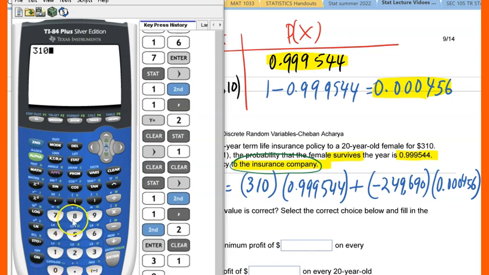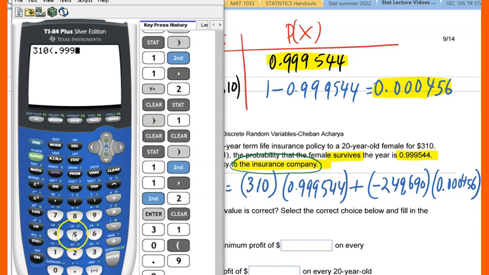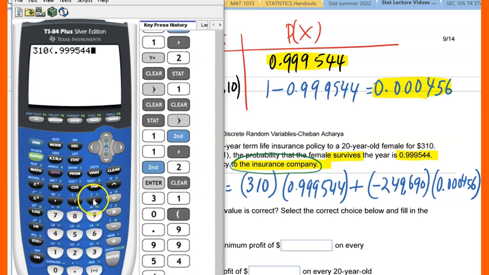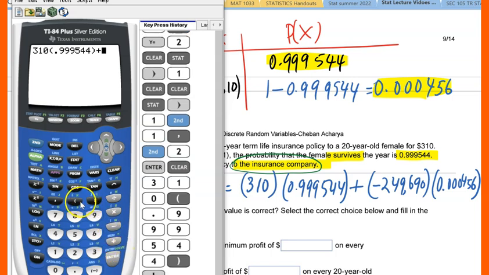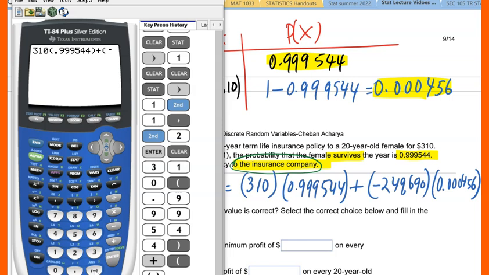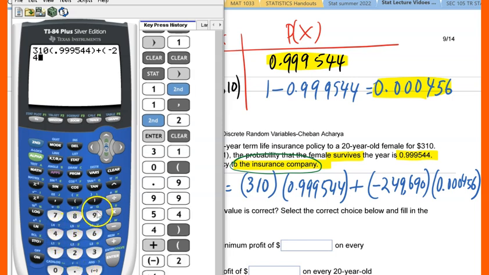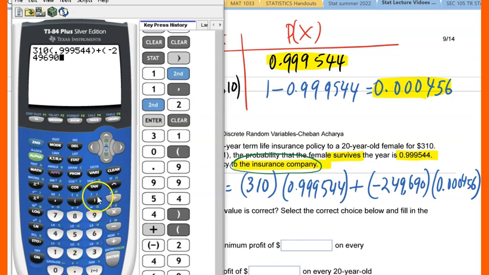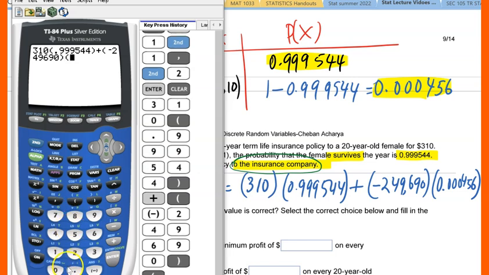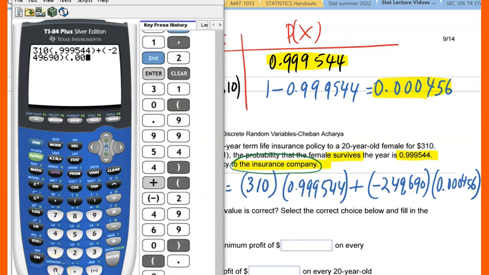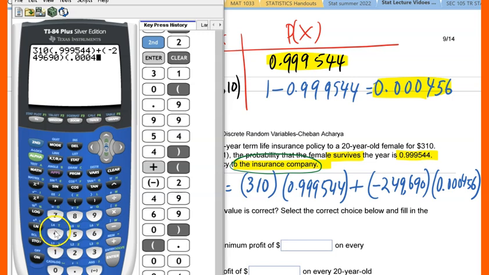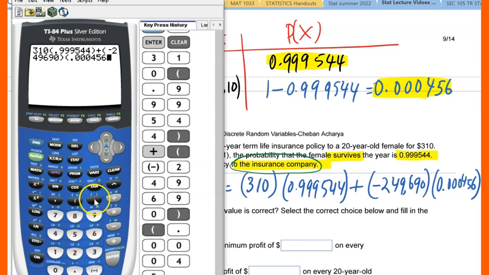310 times 0.999544 plus negative 249,690 times 0.000456.